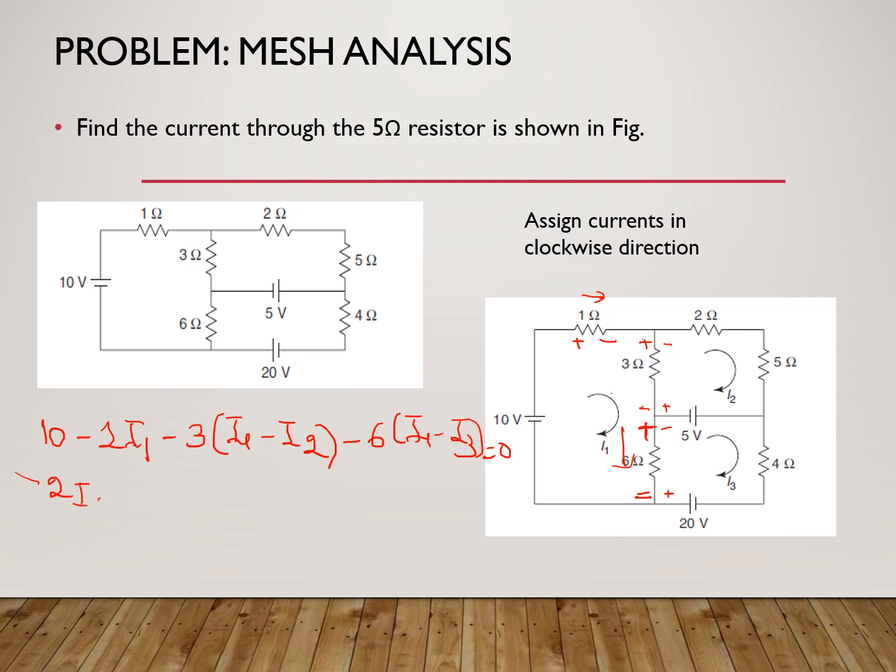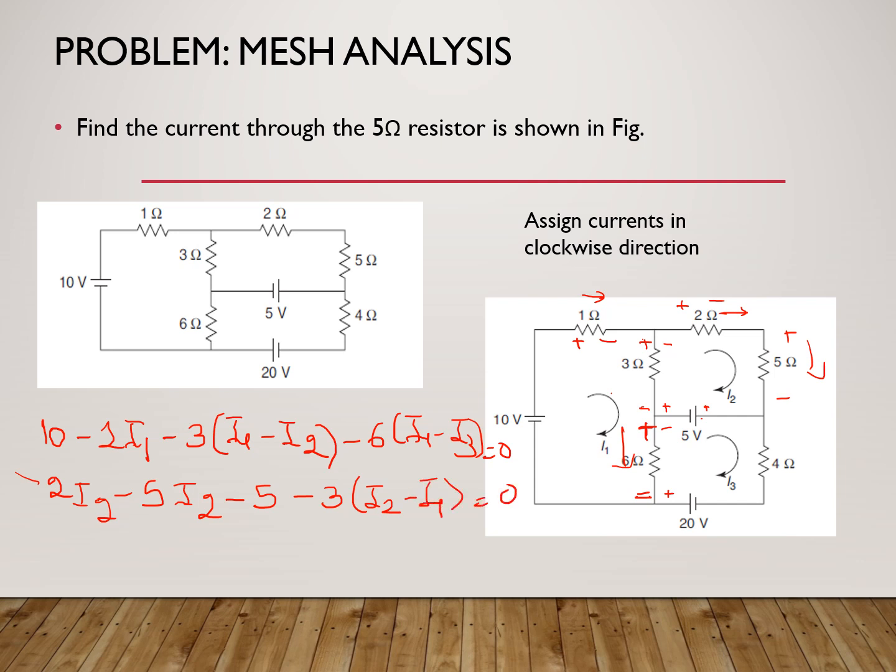Again, 5 also has got I2 only. This is plus minus, this is plus minus, and this 5 volt has a positive and negative. So when I'm going from positive to negative, it is minus 5, and then again minus 3 into I2 minus I1 is equal to 0.